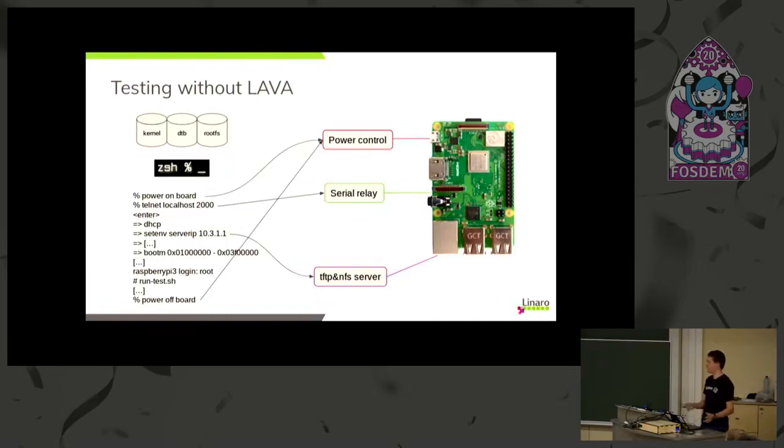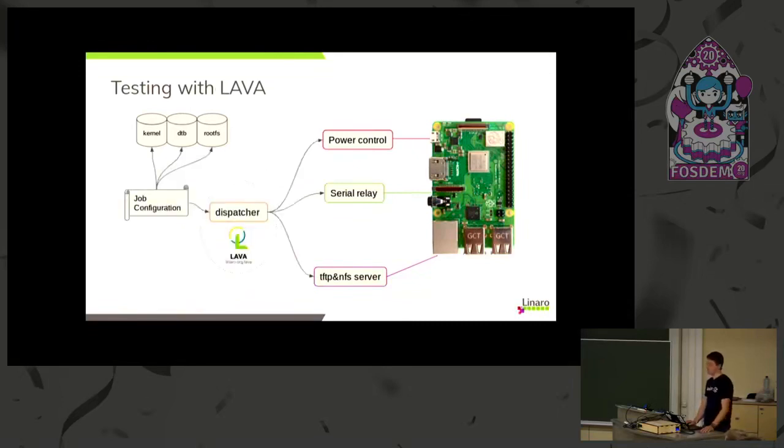That's a lot of steps, and that's not really fun to do when you have to do that 10,000 times a day. So what Lava will do, it will do that for you. All the not really nice and boring things, Lava will do for you. So instead of typing each command separately, you will describe what you want to do in a job configuration, which is a simple YAML file, in which you will say, I want to deploy this kernel, this DTB, and this rootfs.